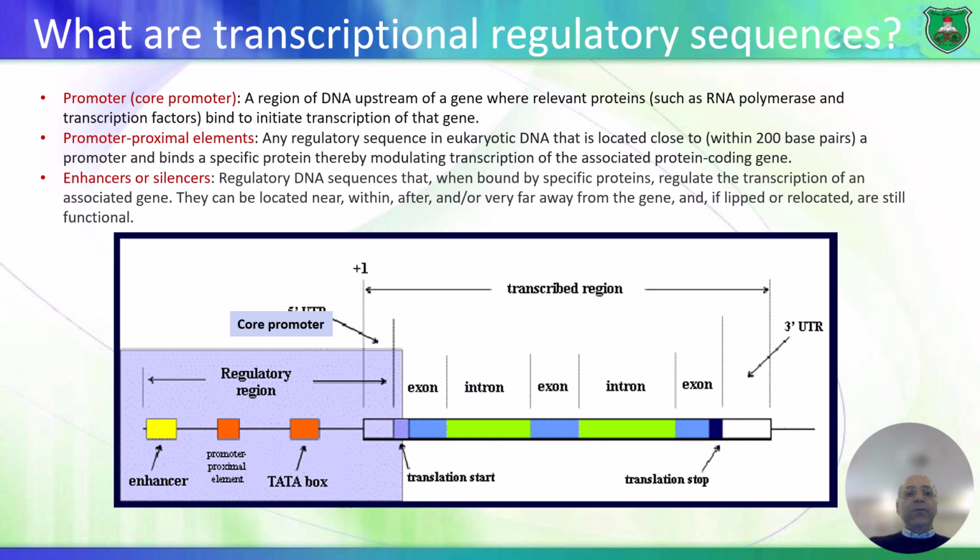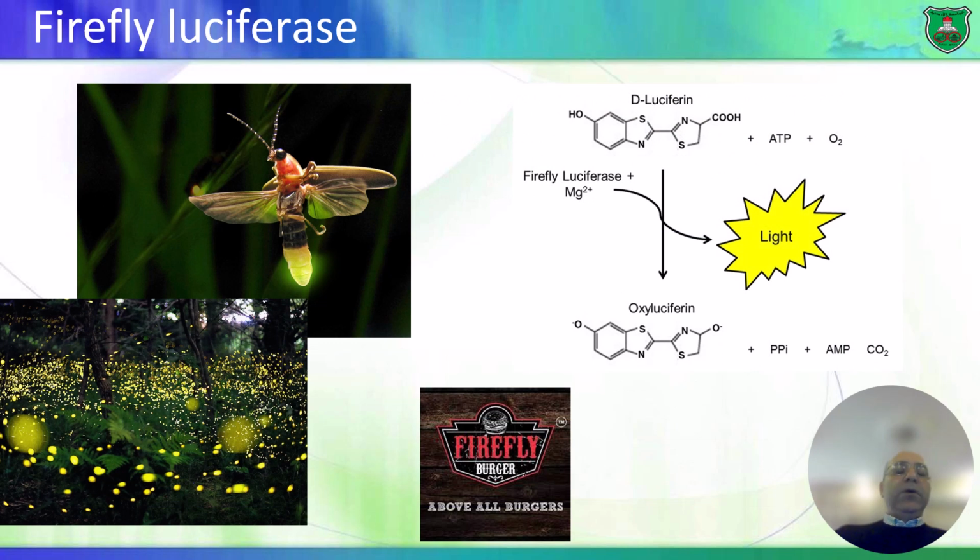So let's talk about something different now and see how we can combine all this knowledge together. So we take advantage of an enzyme that is expressed in fruit flies. Okay, so fruit flies are these insects, and their butts glow, right?